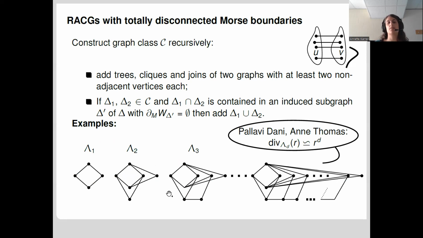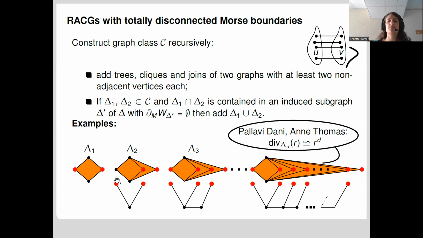Another example of graphs which lie in this class C is the following. These graphs were studied by Pallavi and Anne Thomas. They showed with the help of these graphs that there are right-angled Coxeter groups of arbitrarily high polynomial divergence degree. And we can decompose these graphs in this way. So we have, again, trees and joins.